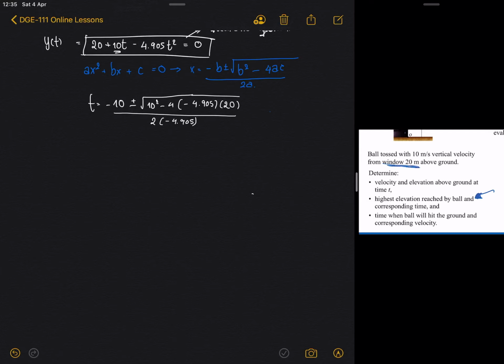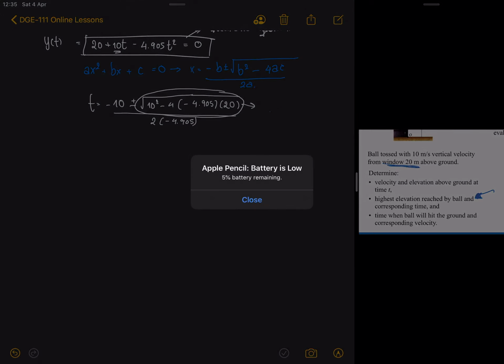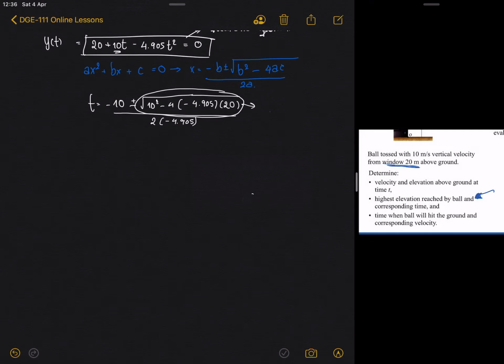So I will find this term first. This term is the square root of 10 squared minus 4 multiplied by minus 4.905 multiplied by 20.